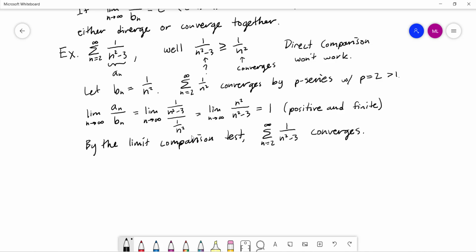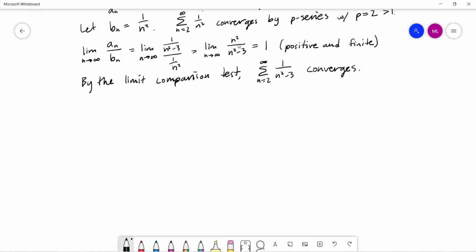In general, our goal is to just come up with, the hardest part is coming up with the correct series to compare to. So let's do a couple more examples and just see how this goes. Let's try, and this goes for both direct comparison and limit comparison.